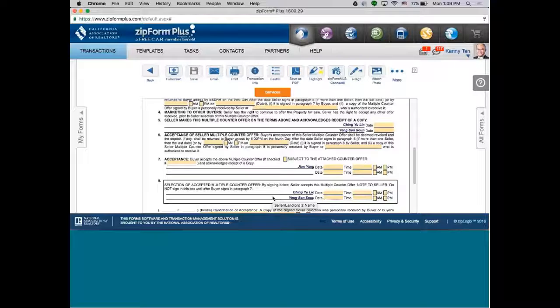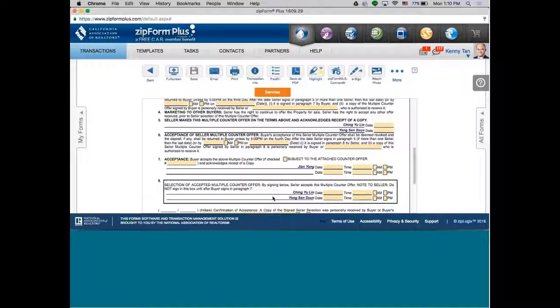Don't forget that. Some agents that are not familiar with this procedure are very happy that their buyer has already signed, and then the seller has already signed number 5, thinking that they have a contract. In fact, they don't. And then they call up the agent and say, how come you guys did not open escrow?